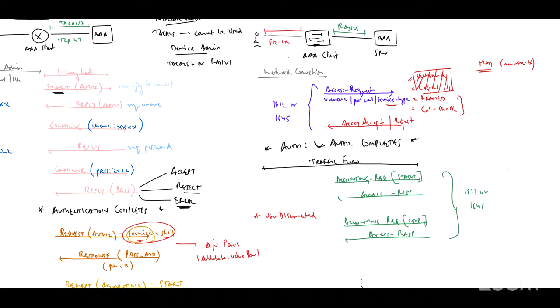Yes. If he is trying to do network administration, he would do SSH, Telnet, or HTTPS, and that would use TACACS. Versus if he is connecting to a switch port to get network access, that would use RADIUS.